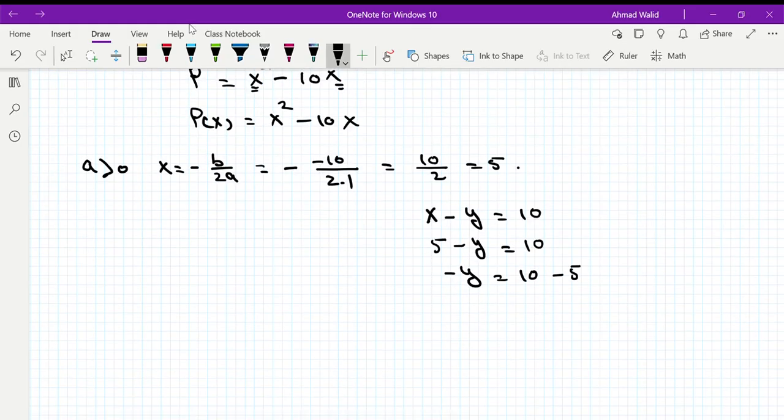It means negative y equals 5, so y equals negative 5. These are the two numbers that you are looking for, 5 and negative 5. And the minimum product, 5 times negative 5, gives you negative 25.